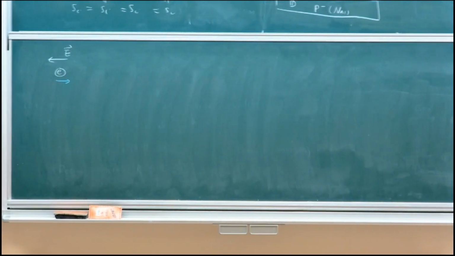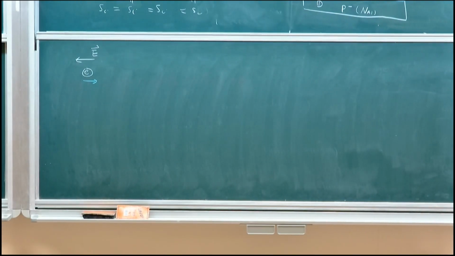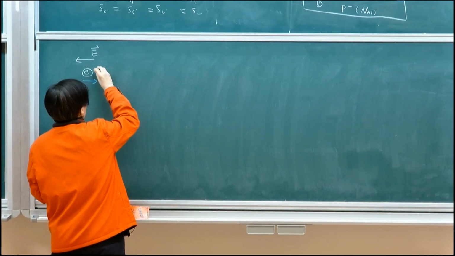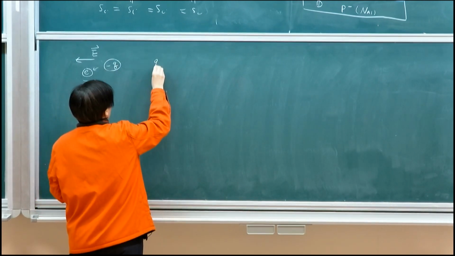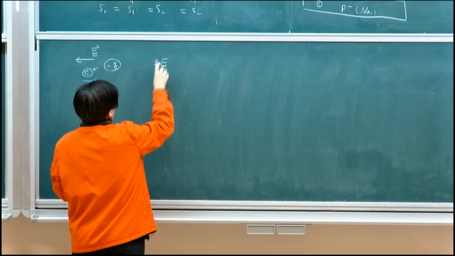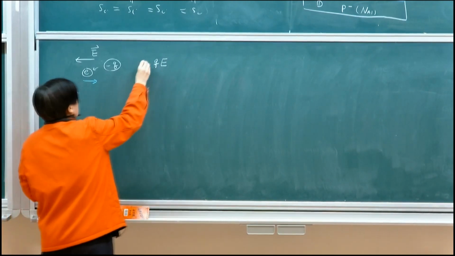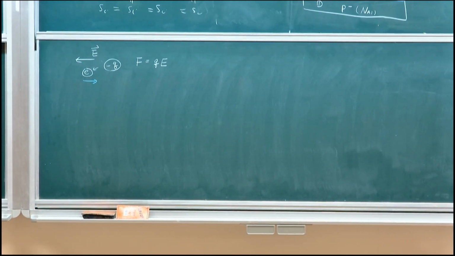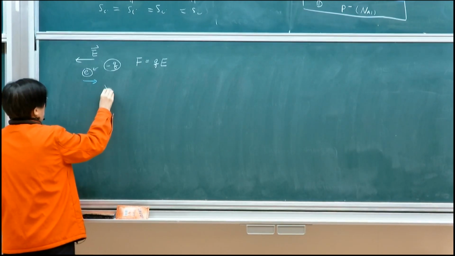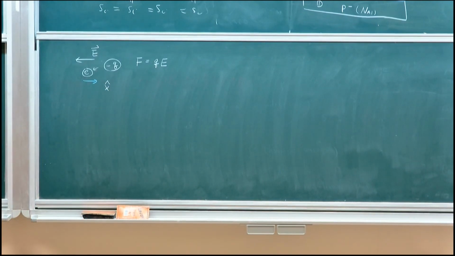So if I have an electron in free space, what do you expect? You expect a force, because this will carry a minus Q. Therefore, it will be a coulombic force. Let's leave the direction out for now. So the electron will experience a coulombic force to push it in the x plus direction.